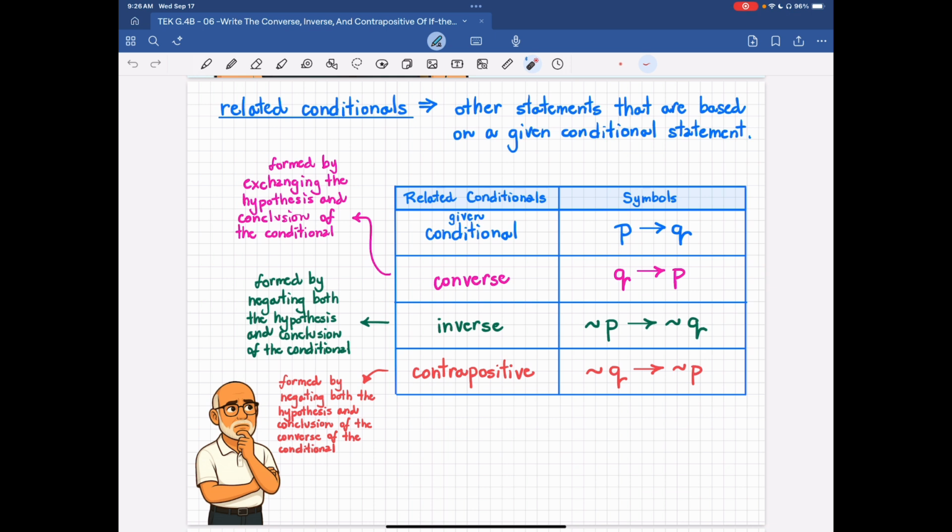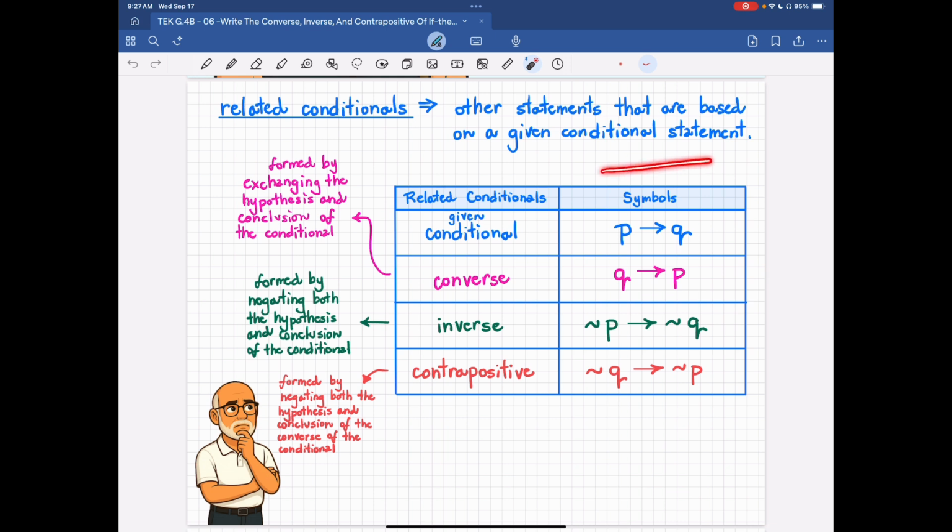For the inverse, we take the initial conditional statement, the one that's given to us, and we negate the hypothesis and we negate the conclusion. The contrapositive is flipping that inverse statement. So this becomes our hypothesis, and this becomes our conclusion.